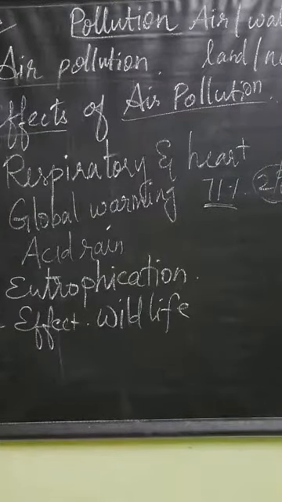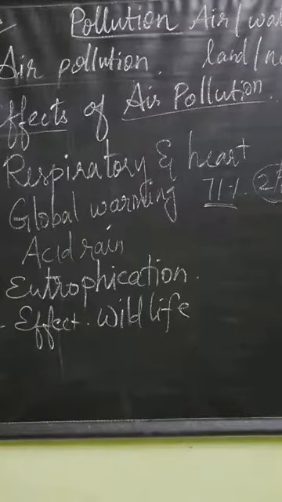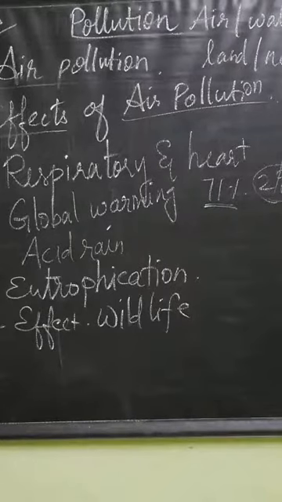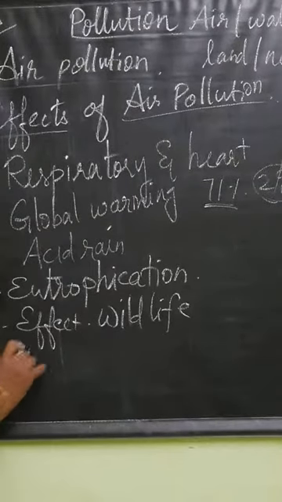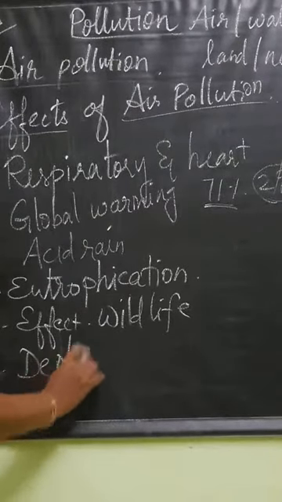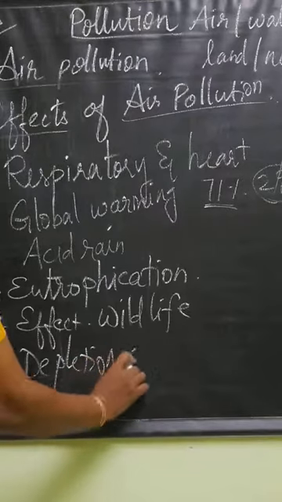Because the toxic chemicals present in the air can force wild animals to move and change places, isn't it? If the area is not suitable for them to live and survive, automatically the animals move on to other places. And then depletion of the ozone layer, that I already told you, isn't it?